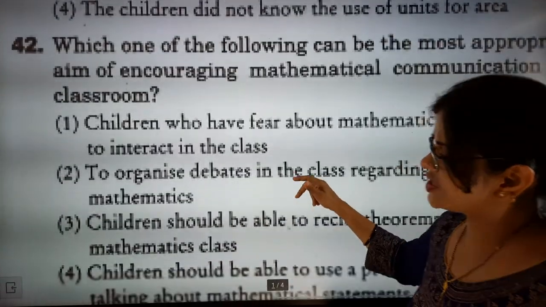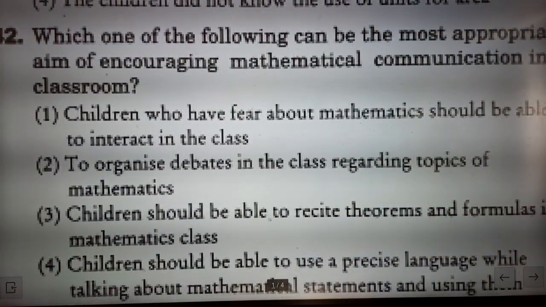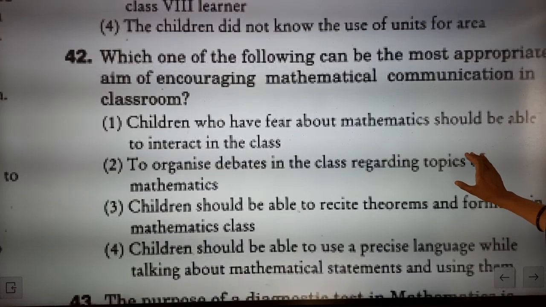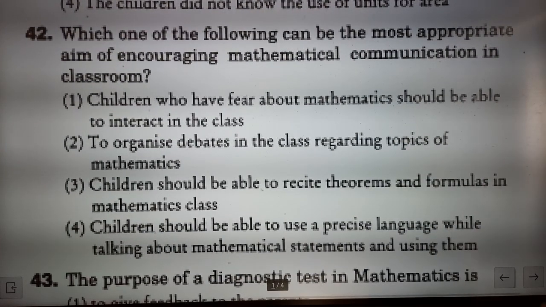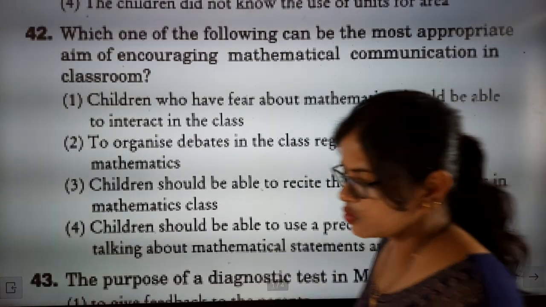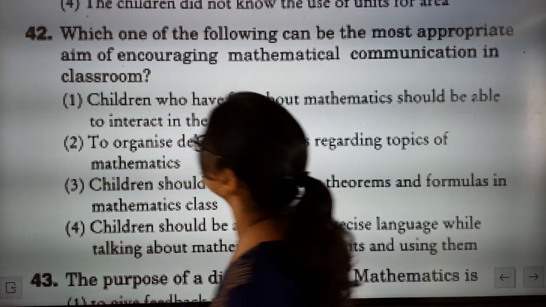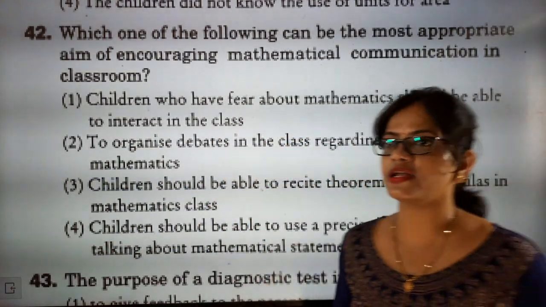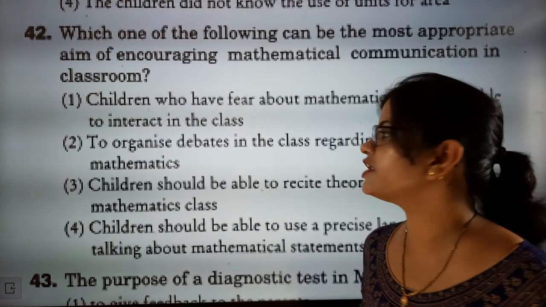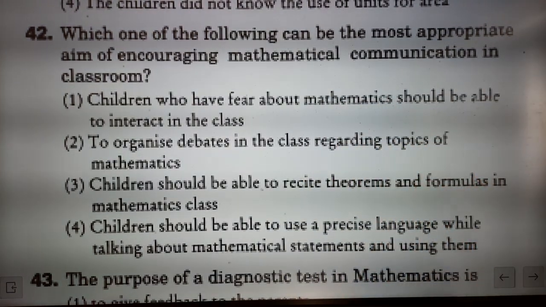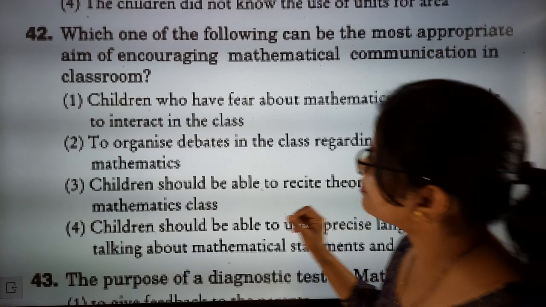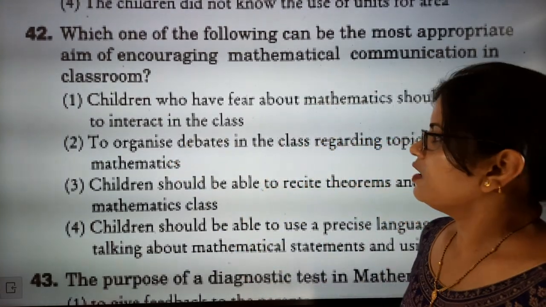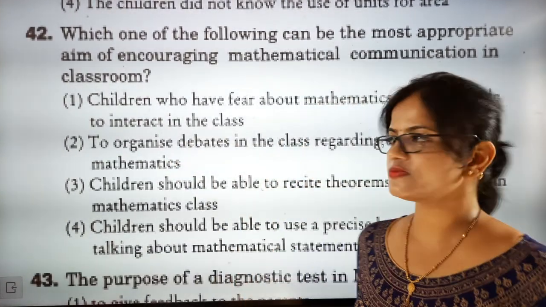Now the next question is, which of the following can be the most appropriate aim of encouraging mathematical communication in a classroom? So if you are a mathematics teacher and you want to communicate mathematically in a classroom, how are you going to communicate? Children who have fear of mathematics should be able to interact in the class. So those who are having fear, they should talk as much as possible.